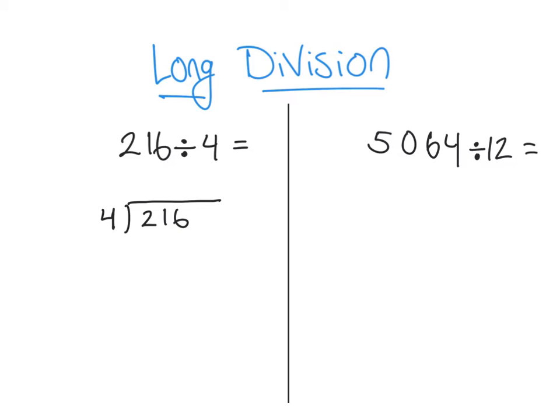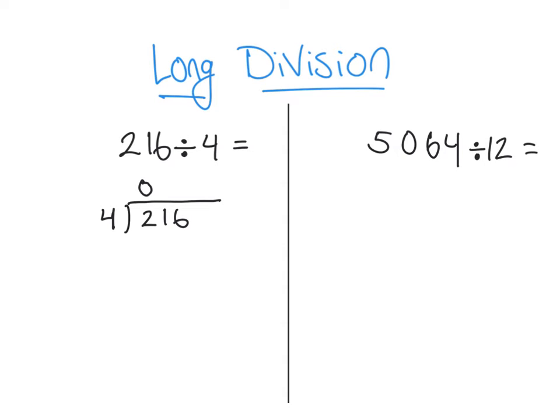So the very first step is to see how many times can 4 go into 2. So we want to divide 2 by 4. So 4 cannot go into 2 with a whole number because 4 is greater than 2. So I'm going to put a 0 above that 2.